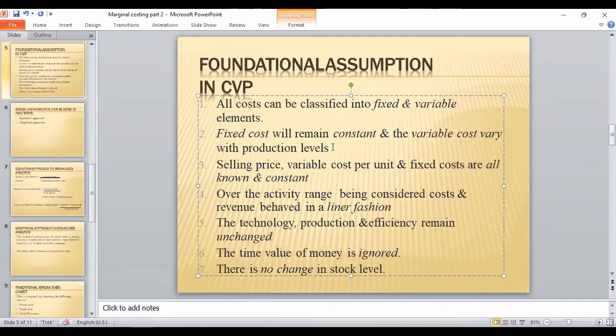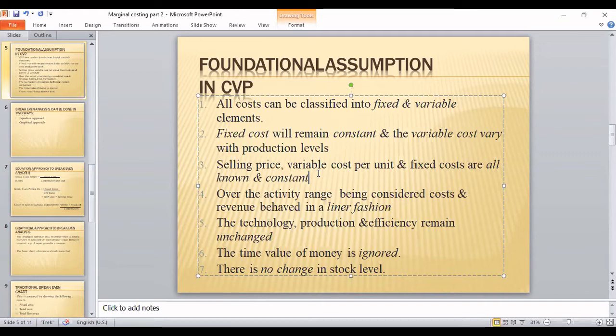Everyone agree with me? That is the basic assumption. Okay. Then the next point under assumption is selling price, variable cost per unit and fixed cost are all known and constant. That means we know what is the selling price, what will be the variable cost, and we are aware what is the fixed cost. Everything is known to us.